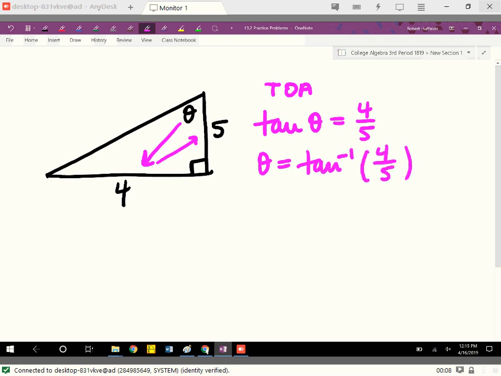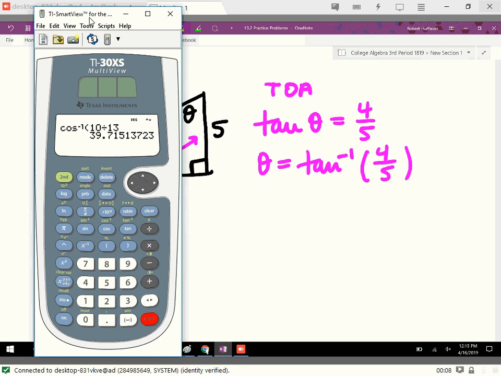Theta is the angle whose tangent is 4/5. So I go over here and do inverse tangent of 4 divided by 5, and it's 38.660 degrees.